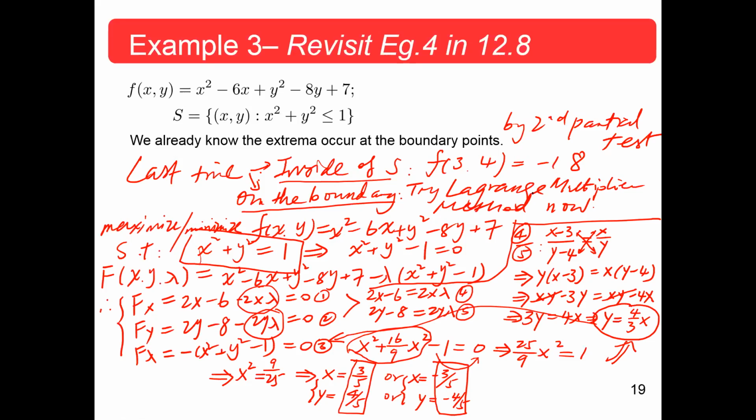This Lagrange multiplier method will also be tested in the take-home test. So if you have any question, you can refer to the PowerPoints that I've uploaded on my courses. Okay, let me exit this and keep my ink annotation.